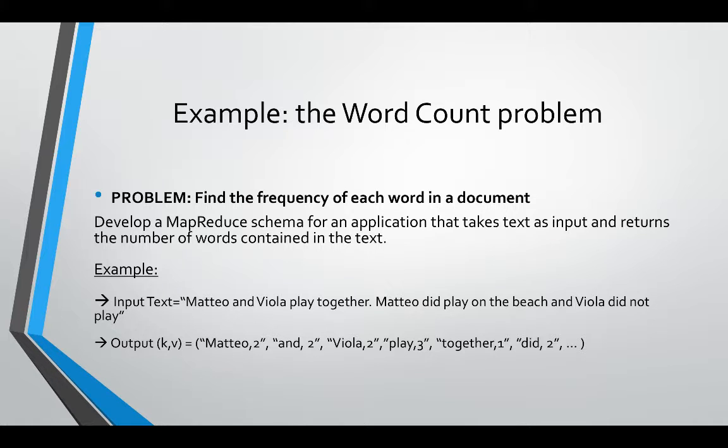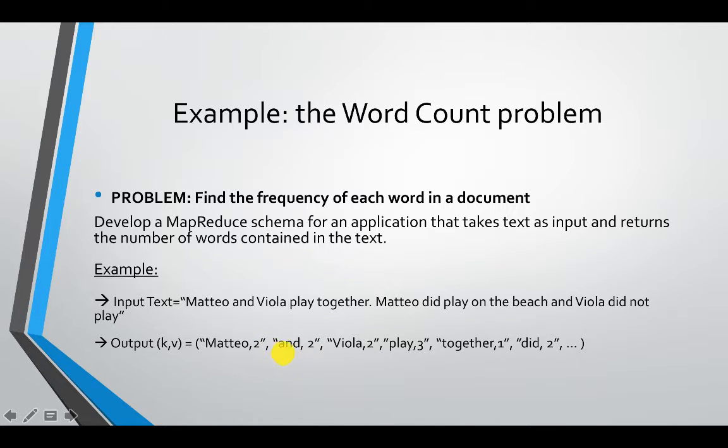and Viola did not play", we want to have the output from the MapReduce component based on the occurrences of each word in the document. So for example, we have here as output Matteo and 2 as a first tuple output of the component, and we have seen Matteo is indeed used twice in the input text.